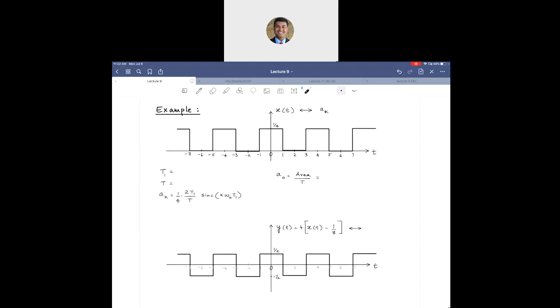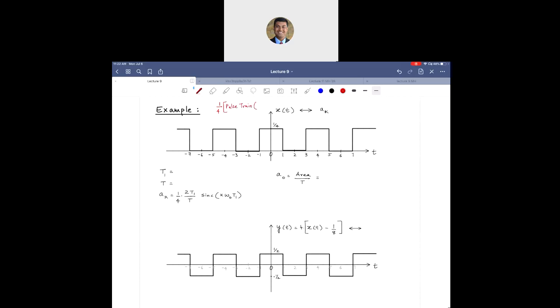Example. What do I have over here? The top function x of t is a standard result. Very nice. What is that standard result for? x of t can be written as 1 divided by 4, because the height is 1 over 4, multiplied by a pulse train.